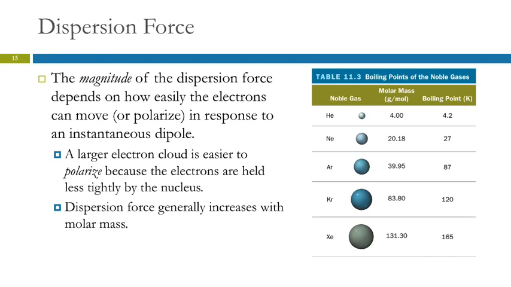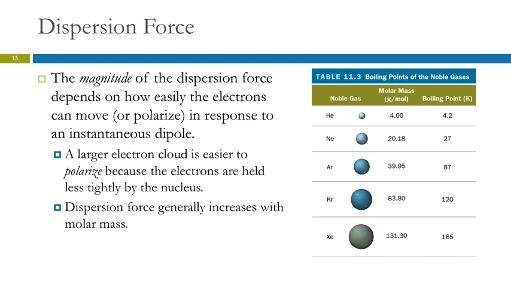So what affects the strength of these dispersion forces? Well, a big effect is how easily the electrons are polarized. So how easy is it for this electron cloud to get lopsided?